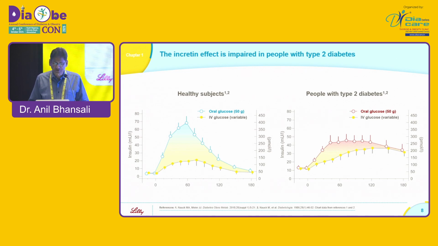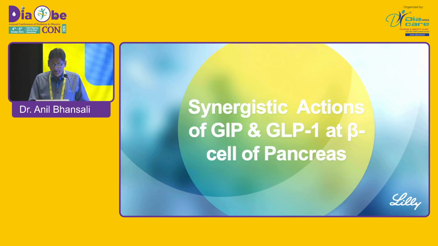If you see this cartoon, you can see that the incretin response is so large in healthy subjects, while in people with type 2 diabetes the incretin response is slow. The insulin response is markedly reduced, as opposed to IV glucose versus oral glucose. So in people with type 2 diabetes, the incretin response is reduced.